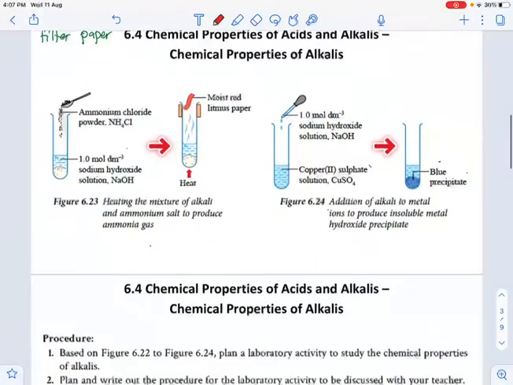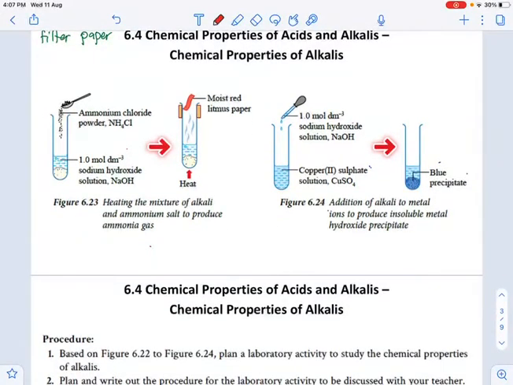Second, the chemical property of alkali is heating the mixture of the alkali and ammonium salt to produce ammonia gas. Look at figure 6.23. 1.0 mol dm⁻³ sodium hydroxide solution is poured into a boiling tube, and then add ammonium chloride powder into the sodium hydroxide solution.